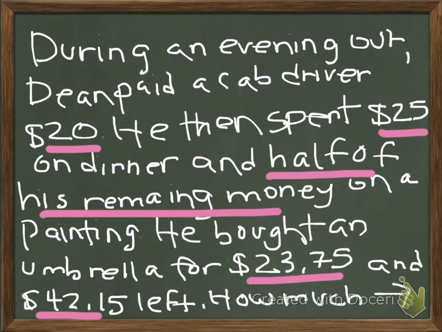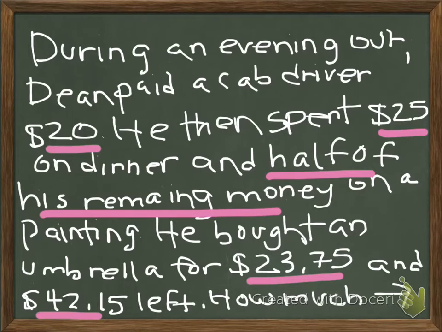So let's go back. He had $20 that he paid the cab driver. He then spent $25 on dinner and half of his remaining money on a painting. He bought an umbrella for $23.75 and had $42.15 left.